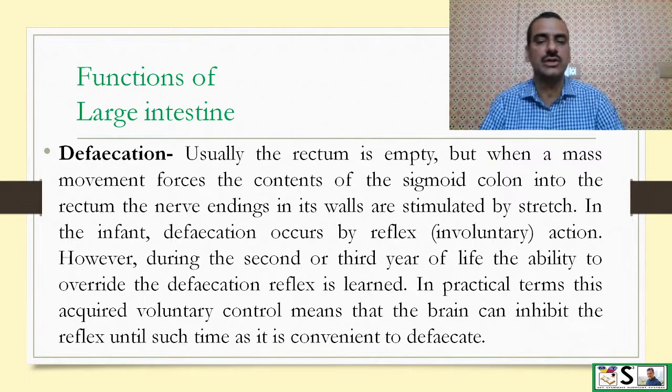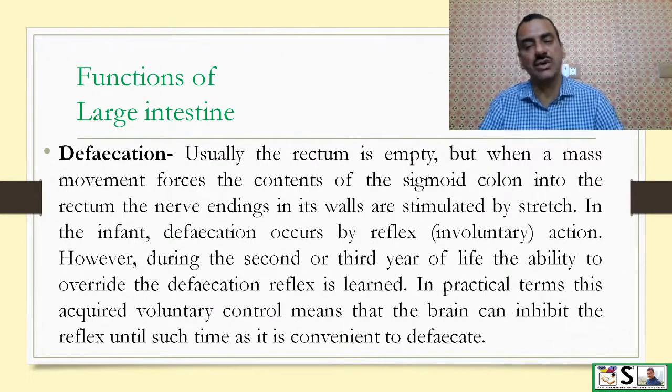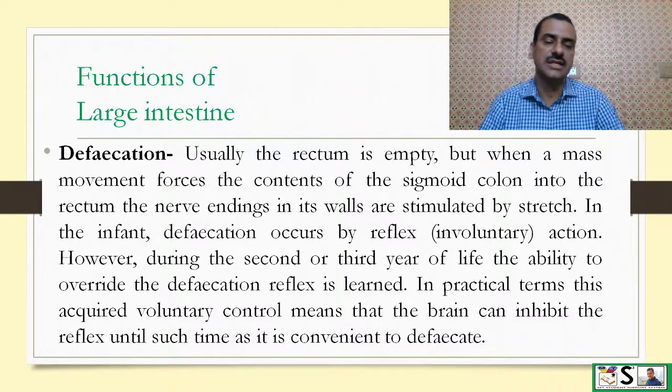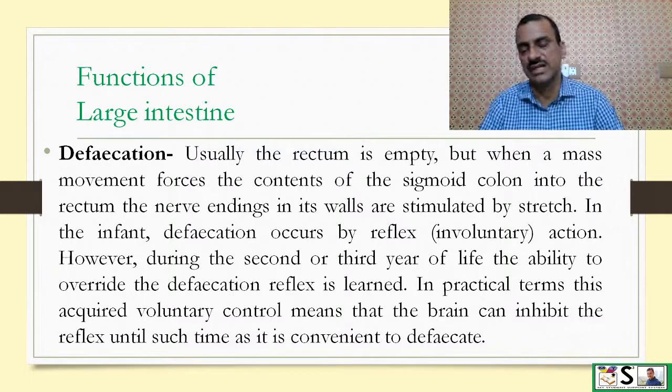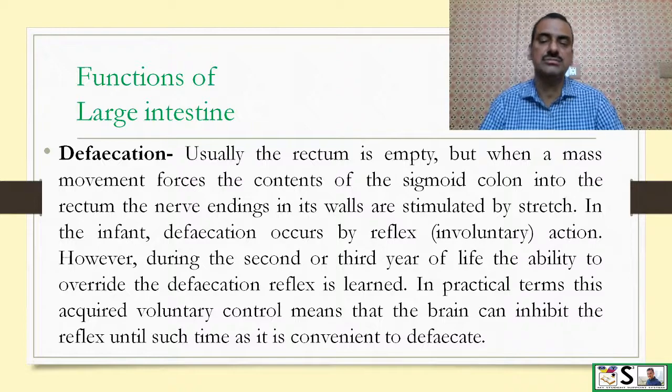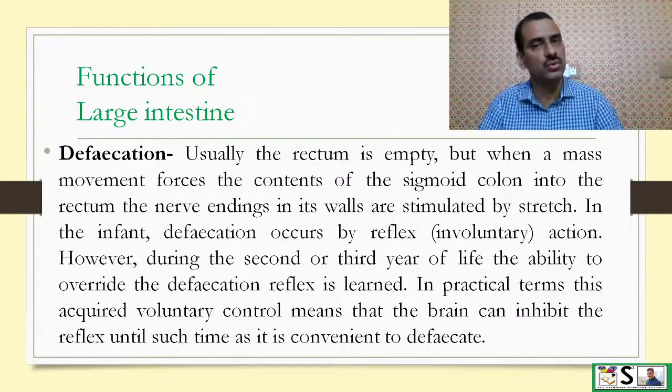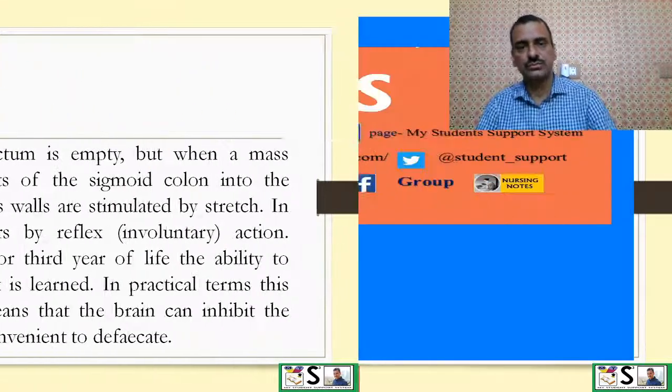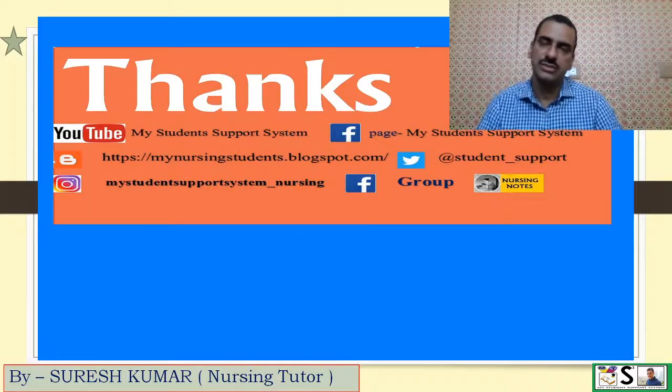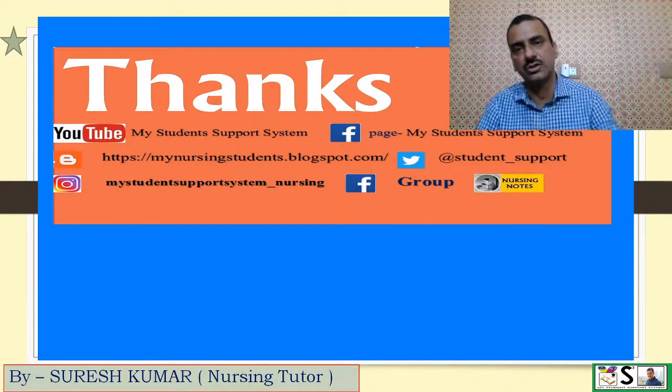However, during the second or third year of life, the ability to override the defecation reflex is learned. In practical terms, this is acquired voluntarily, meaning that the brain can inhibit the reflex until such time that is convenient to defecate. So it is all about intestine, small, large, and the remaining part of the large intestine.